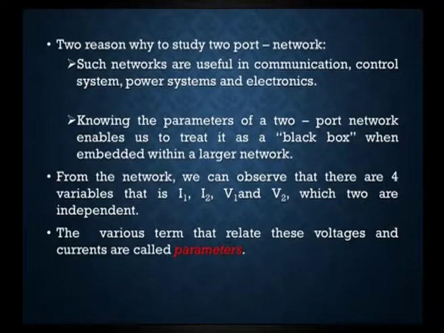Also knowing the parameters of a two port network enables us to treat it as a black box when embedded within a larger network.